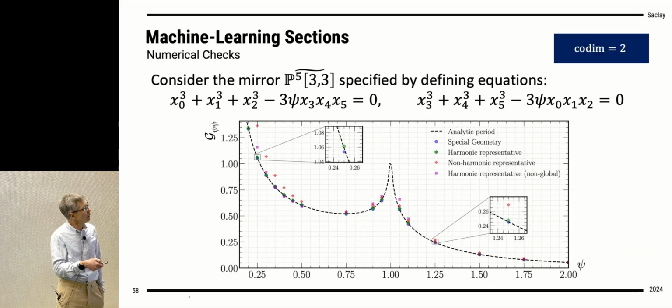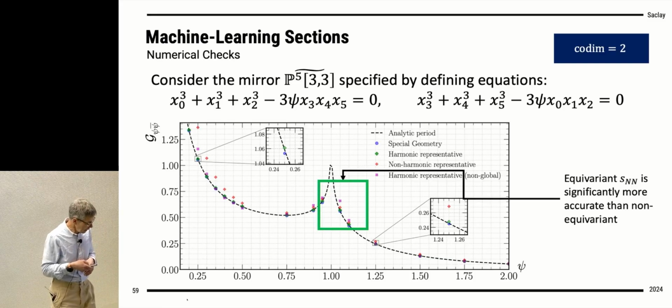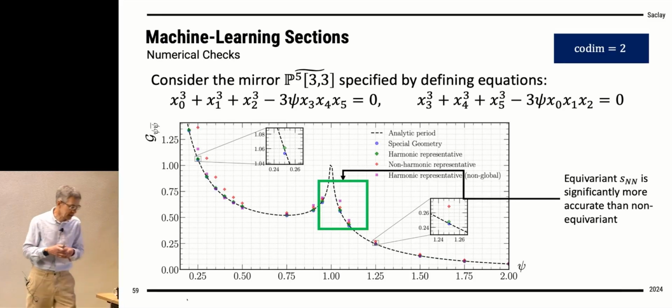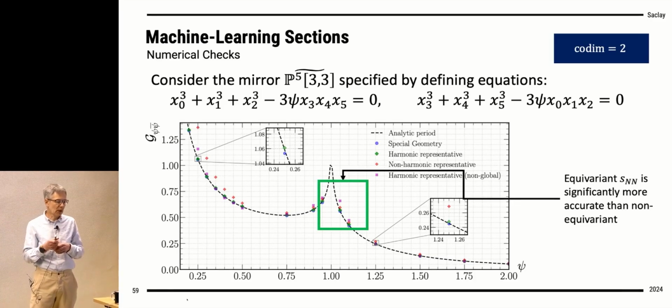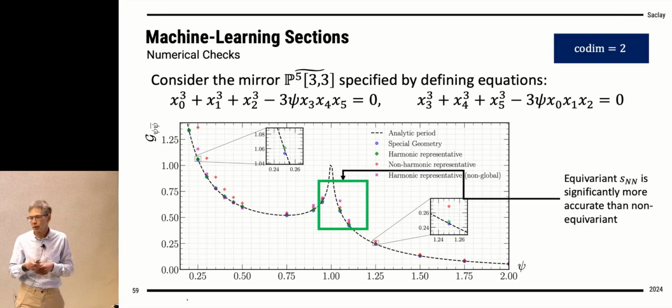Right here, this was the metric, so obviously here it doesn't show anything. I thought I had the slide with the Yukawa coupling. I think that in general you'd expect some kind of hierarchies if you have several couplings, but whether they are there because of going to large complex structure or at some other point in the moduli space.